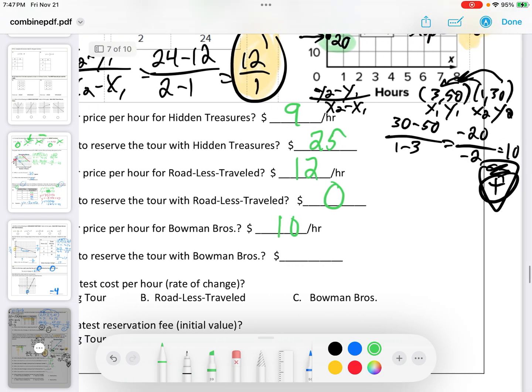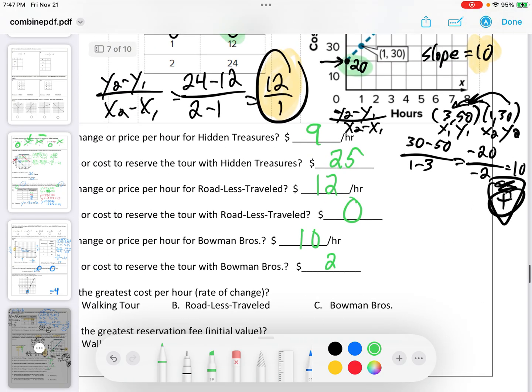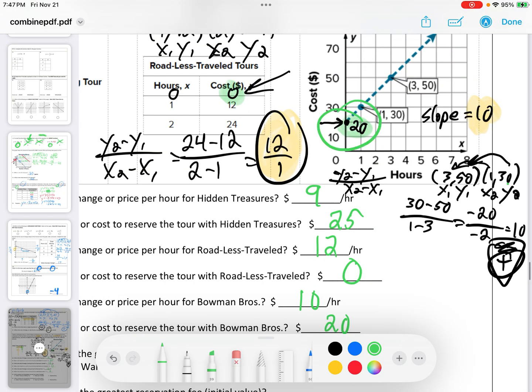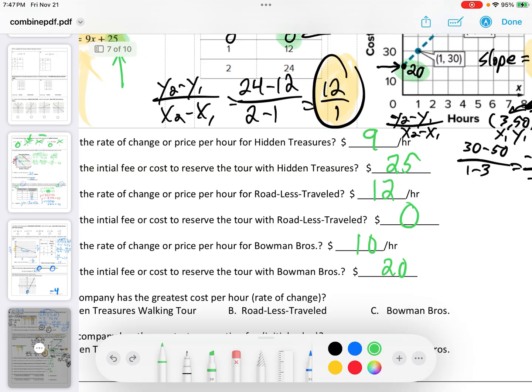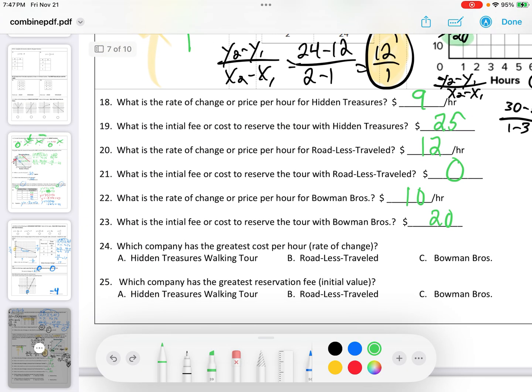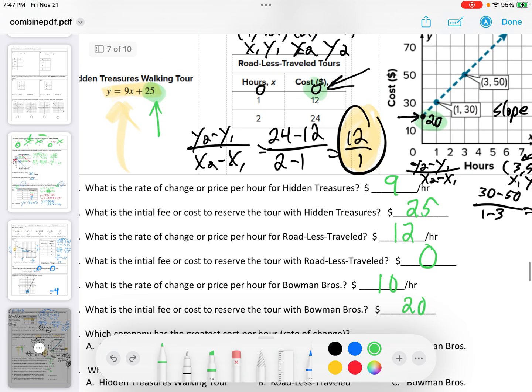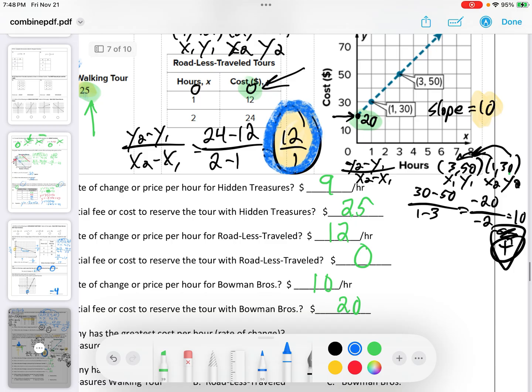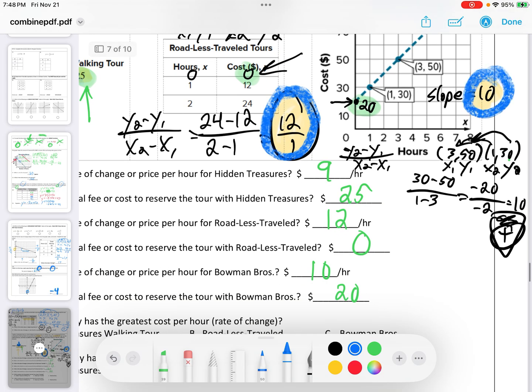And what is the initial fee? $20, because we found our y-intercept right there. Okay, so we did all that work, and now we actually needed it for the answers. Which company has the greatest cost per hour? Cost per hour is the number that's the slope. Slope and slope.